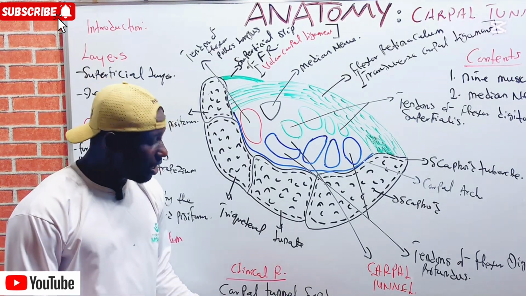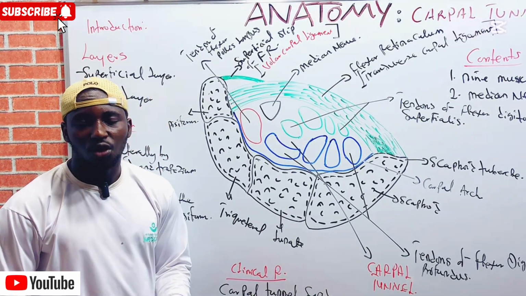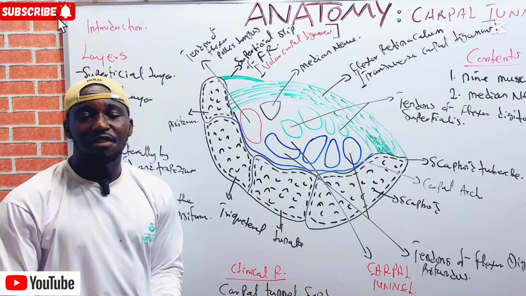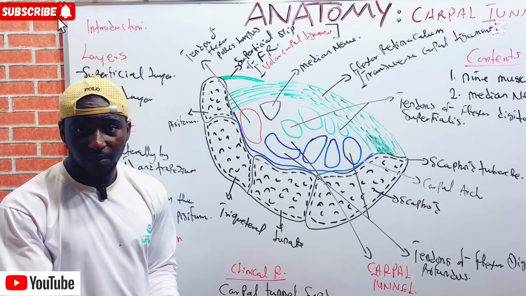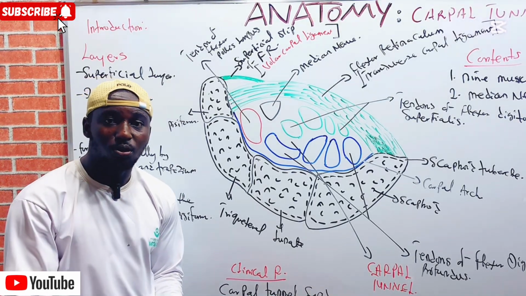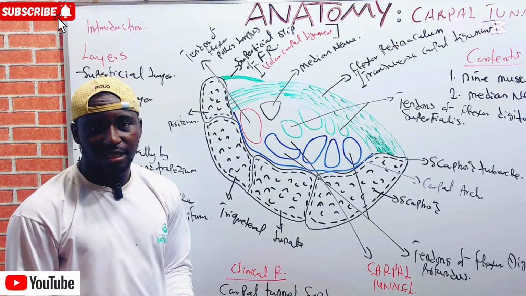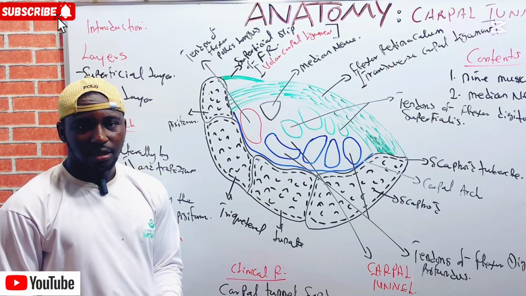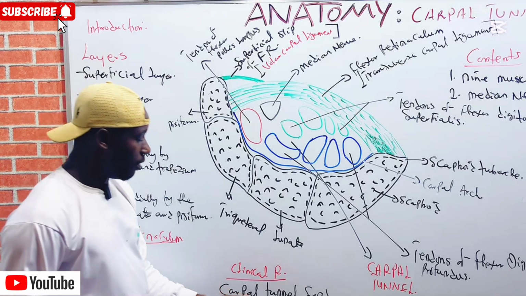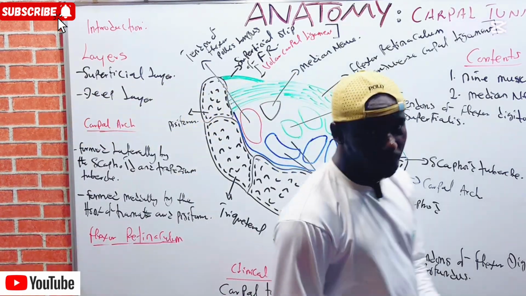So that is all about the carpal tunnel syndrome. And recall that if carpal tunnel syndrome is left untreated, it could be more severe. You get? Those muscles will be completely paralyzed and atrophied. So medication is important. So that is all about the carpal tunnel syndrome. Thank you so much.